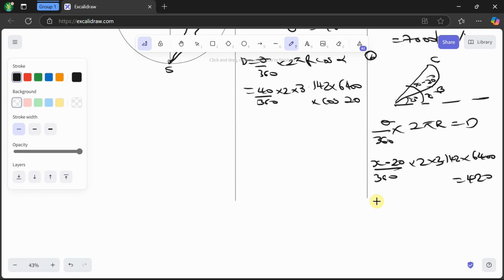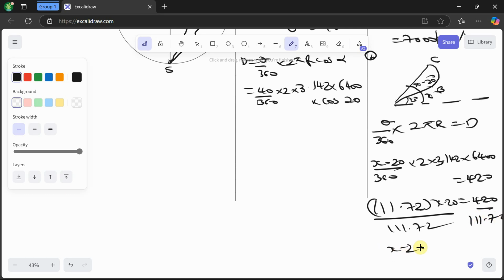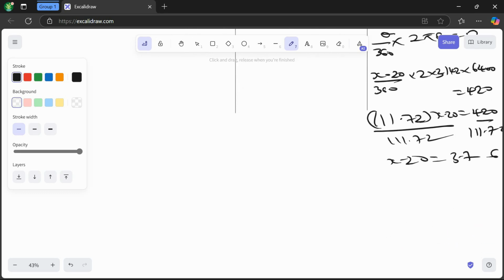So that gave me 111.72 multiplying x minus 20 is equal to 420. So if I divide both sides by 111.72, our x minus 20 will be 420 divided by that answer, which is 3.76 if I was approximating.